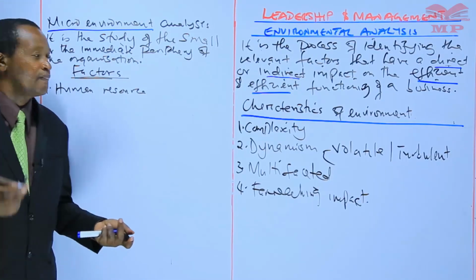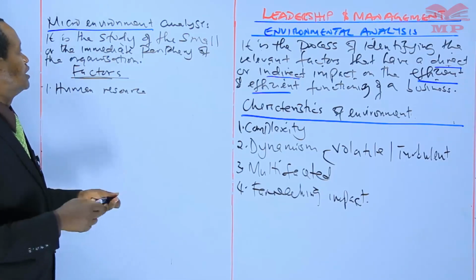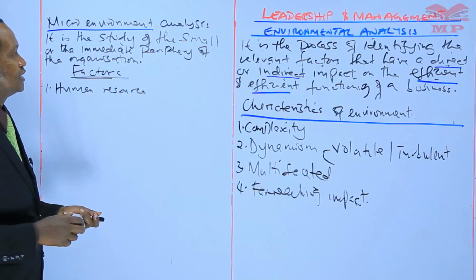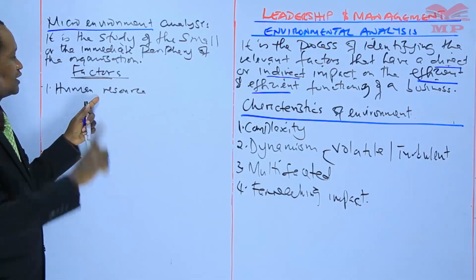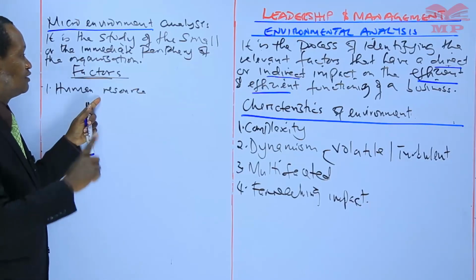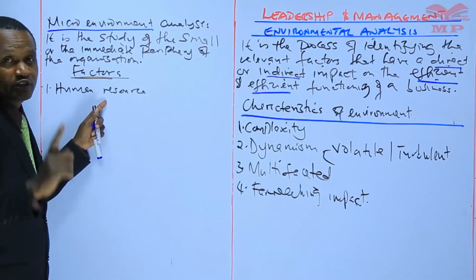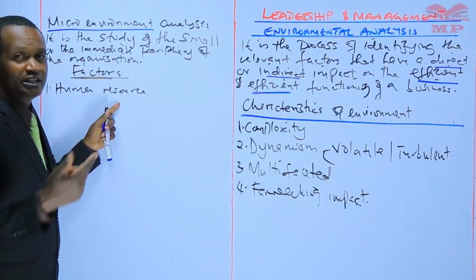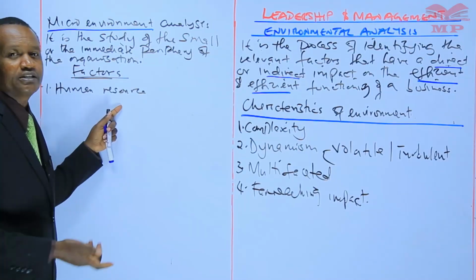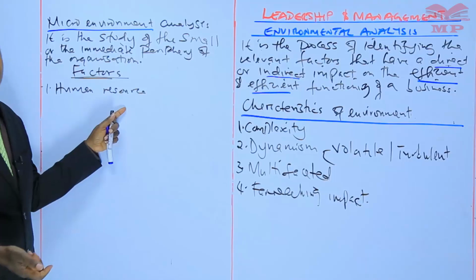When you are carrying out microenvironmental analysis, you are analyzing the immediate forces or factors. The first important factor is human resource, the employees of the firm. You analyze their characteristics, their skills, and all that.